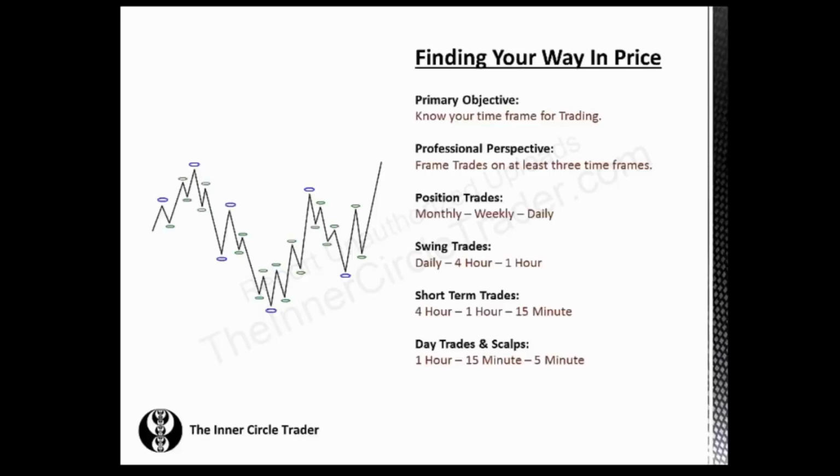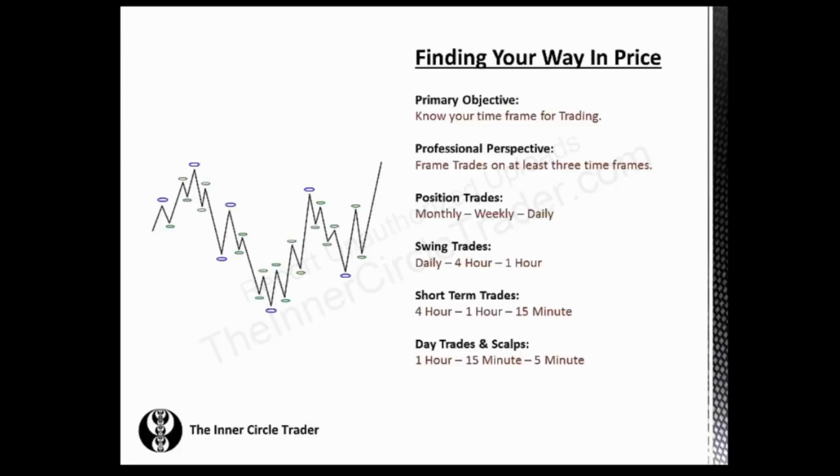So let's talk about what the professional perspective is when we're applying market structure. Obviously for position trades, the duration is going to be anywhere between 3 months to as much as 6 months to a year. Now, I don't have a whole lot of trades like this, but every 3 to 4 months in the marketplace, whether it be in stocks or commodities or Forex, there is a specific swing that manifests itself, and we talked about that in other videos and other teaching.